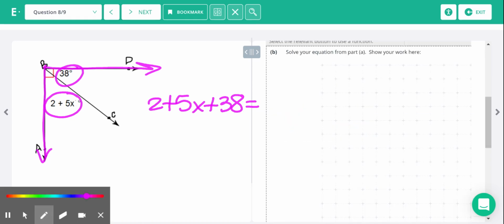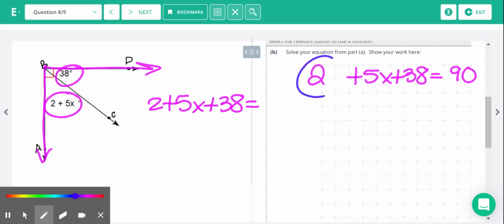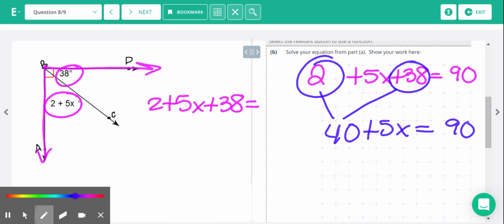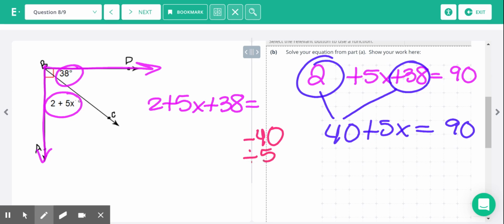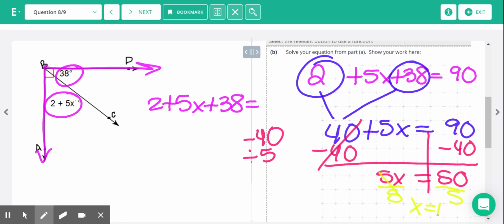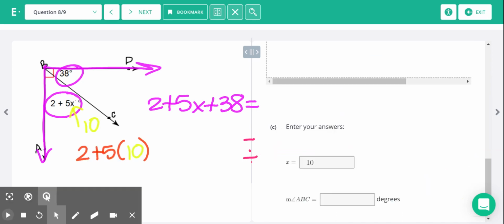It's a 2-part problem, so it wants us to solve this equation. 2 and 38 combine to become 40, and you're left with 40 plus 5x equals 90. This is a 2-step equation that can be solved by subtracting 40 and dividing by 5. To undo the 40, we subtract 40 first. Then we divide both sides by 5, and we get x equals 10.